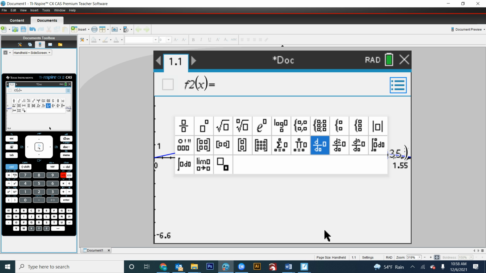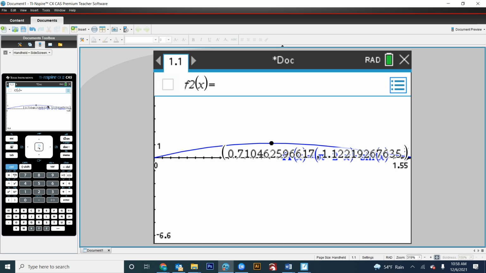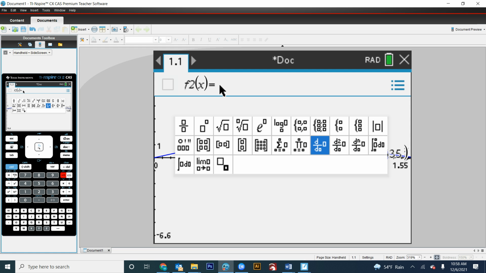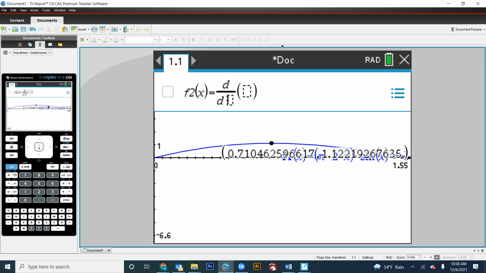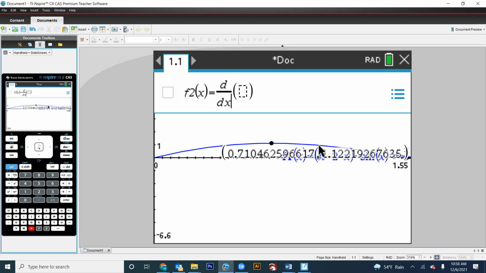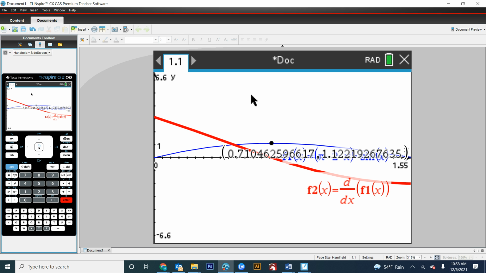Derivative, templates button, right above the multiplication, right to the right of the 9. Derivative with respect to x of the function we just graphed, which is f1. I hit the variable button, f1 of x, or you could just type it in again.